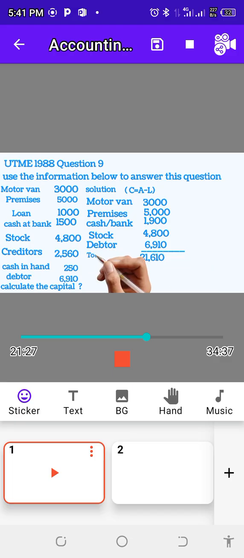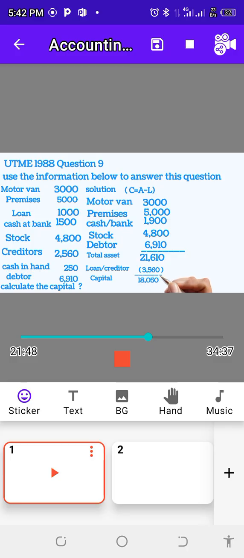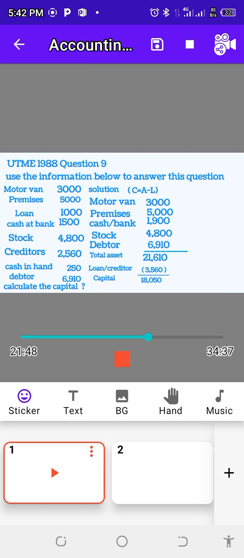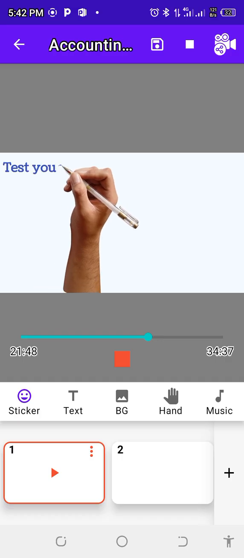That is the total asset. Then the only liabilities there are loan and creditors. Loan 1,000, creditors 2,500, so it becomes 3,500. And you minus that from the total assets, you have the capital.